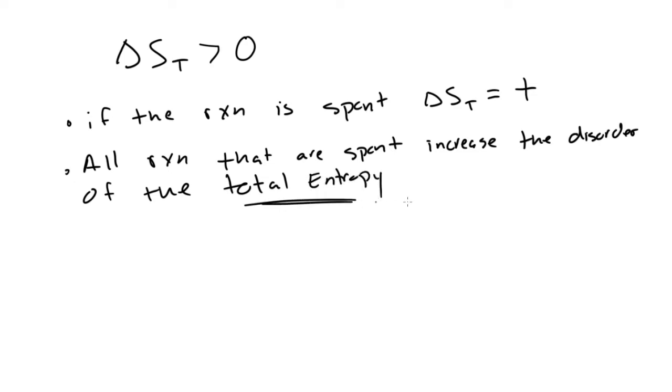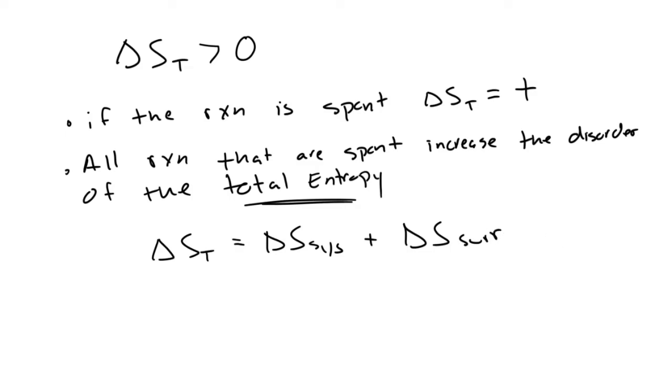That's what they do. So the delta S total is going to equal delta S of the system plus delta S of the surroundings.